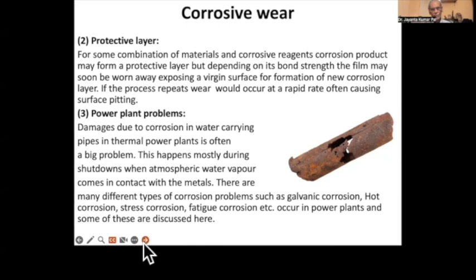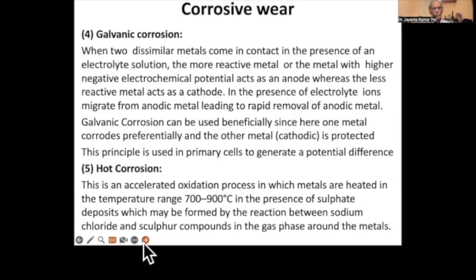So there, we can have different types of corrosion, such as galvanic, hot corrosion, stress corrosion, fatigue corrosion, etc. We'll look at some of these in a very brief manner.